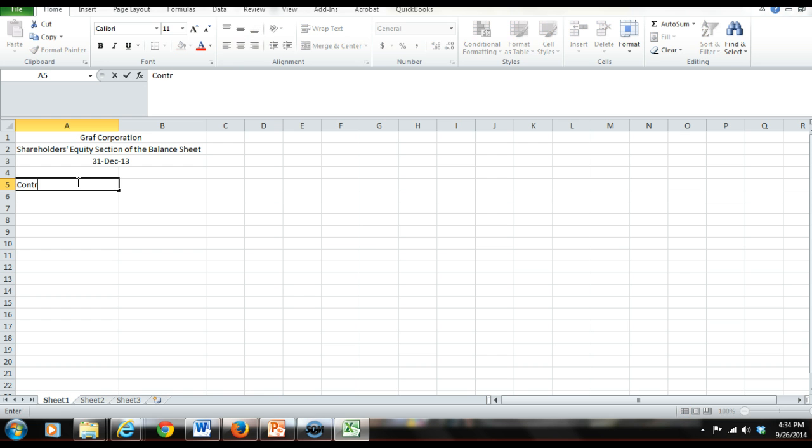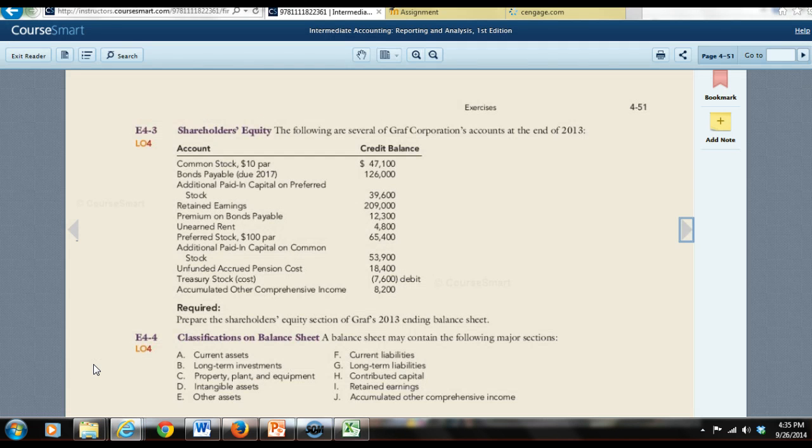So we're going to start out with what we call our contributed capital. If you look at the chapter, they are very clear as to how we need to report these items. We're going to look at the preferred stock, the common stock, and then we will add the premiums in excess of par.